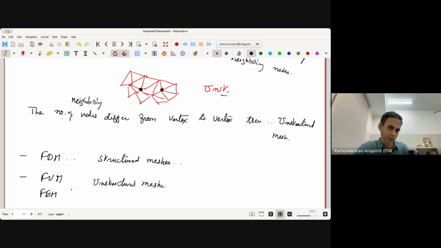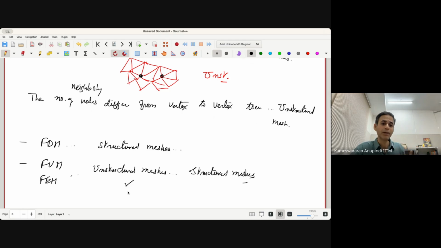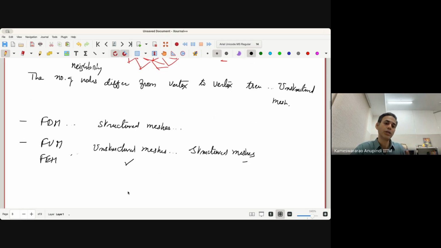However, there is nothing that stops them from being applied to structured meshes. But preferably you would like to use finite volume and finite element methods on unstructured meshes, because that is where their stronghold is, that is where their applicability comes into the picture.